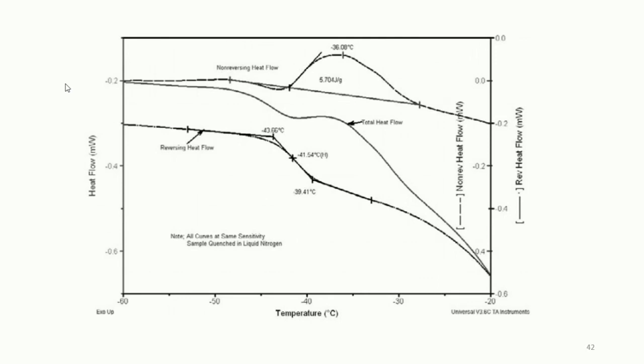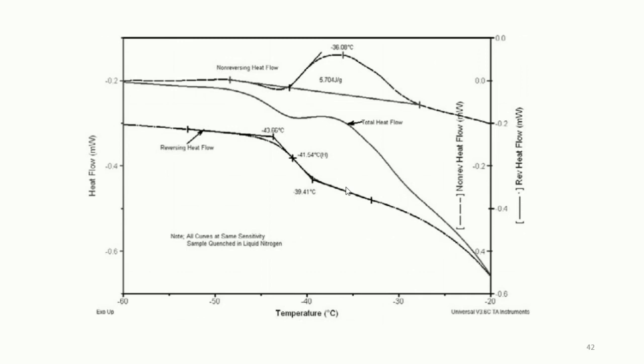In this modulated differential scanning calorimetric measurement, we have observed two types of peaks. The first of these was the important glass transition, which is seen in the reversing signal between minus 43.66 degrees Celsius and minus 39.41 degrees Celsius.